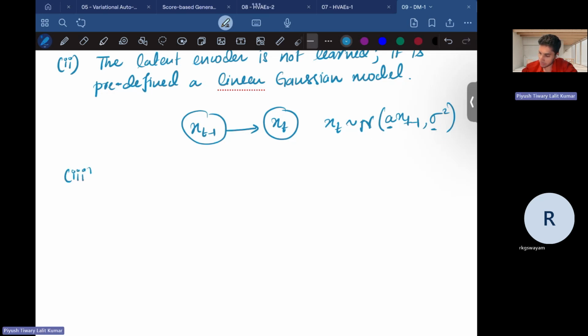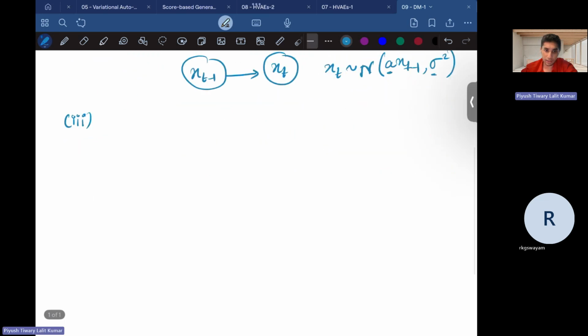And the third restriction is related to the parameters A and sigma here.